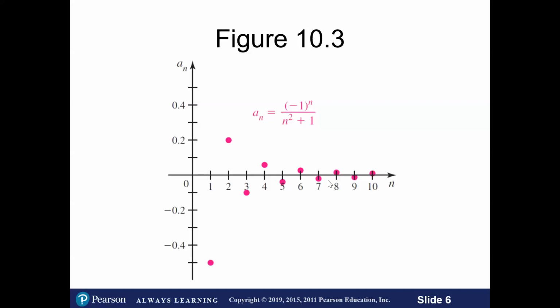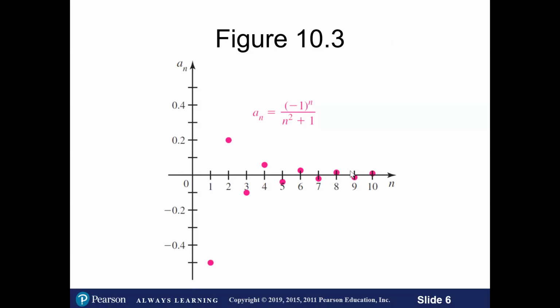And so we see, as we plot the terms of the sequence, that they keep alternating, but they decrease, and from both sides they appear to be headed towards a value of 0. So this sequence appears to converge.